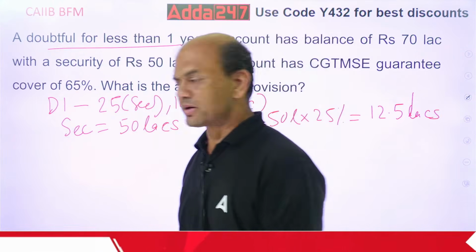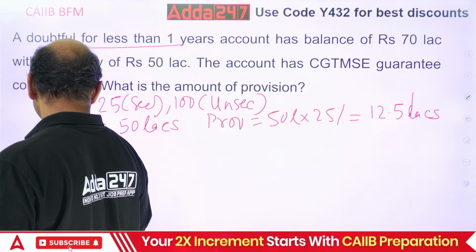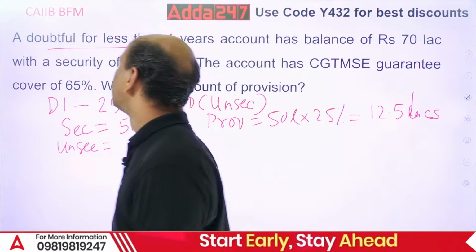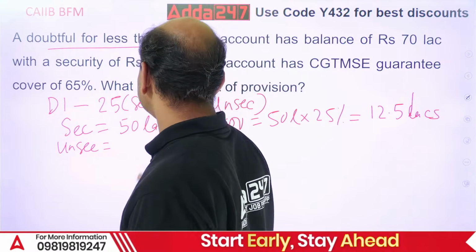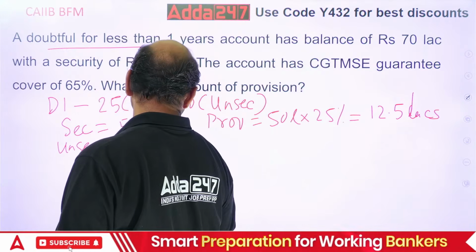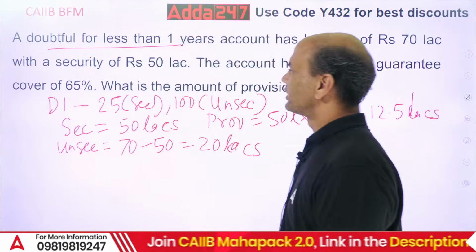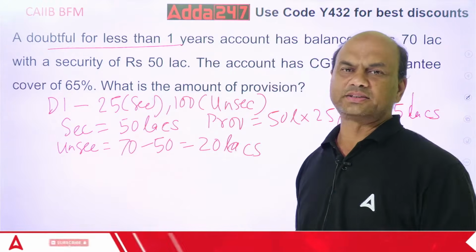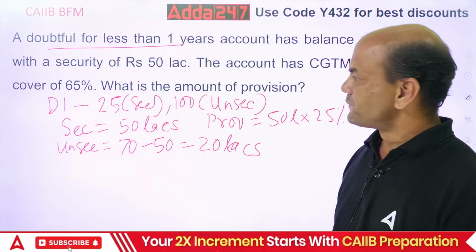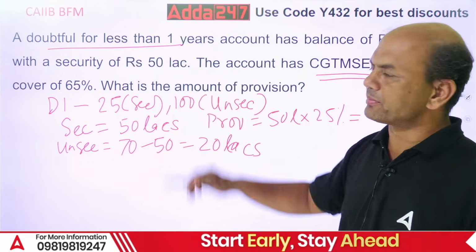Now the unsecured part. What is the unsecured loan? See, total loan is 70 lakhs. So 70 minus 50 is equal to 20 lakhs. 20 lakhs is unsecured. But out of this also, you have a CGTMSE cover of 65%.